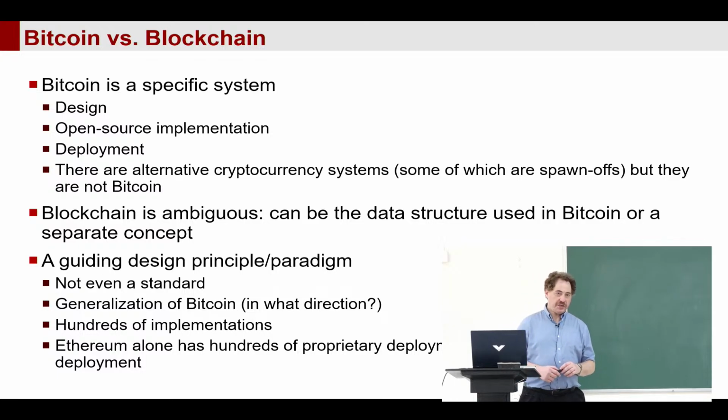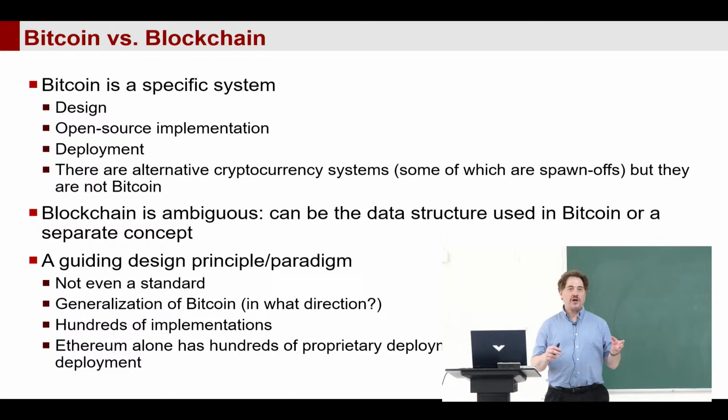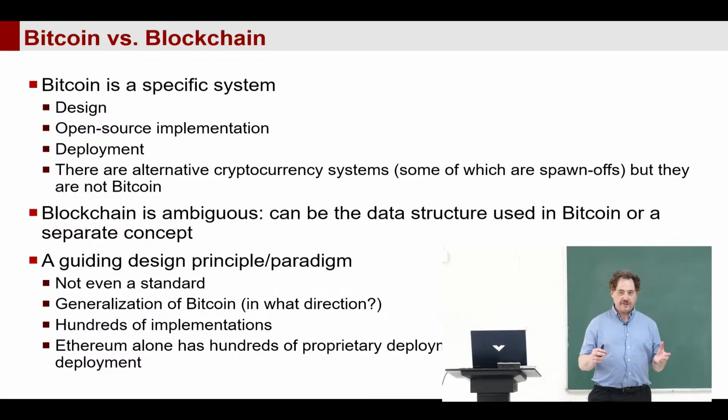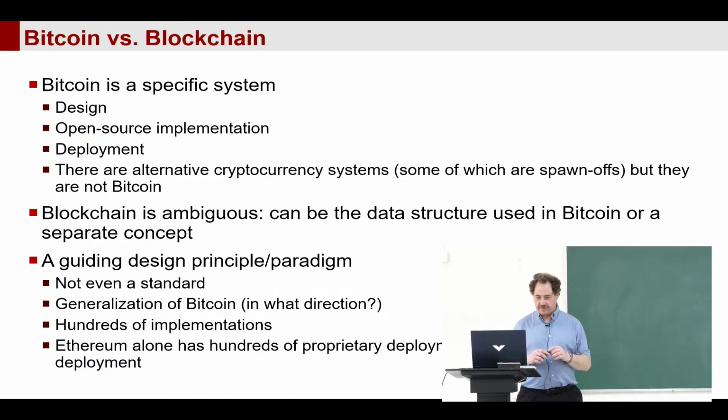People would say it's a generalization of Bitcoin, but in what direction? In practice, if you ask people what a blockchain is, the number of different answers you get will be approximately equal to the number of people you ask. So it's so varied and diverse.